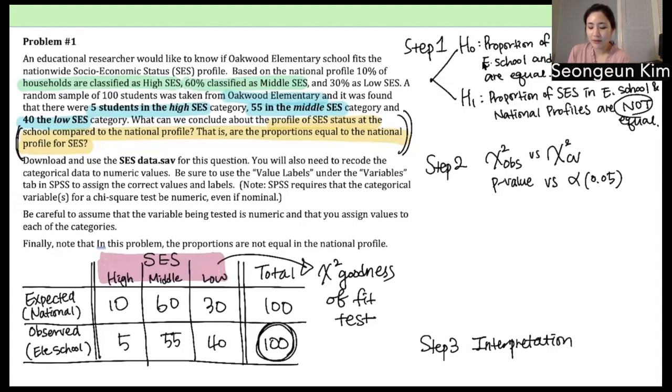And the second step is we need to calculate the observed chi-square value or p-value by hand calculation or SPSS. So I will show you how to calculate these two values in SPSS.